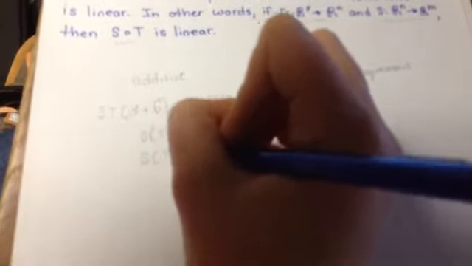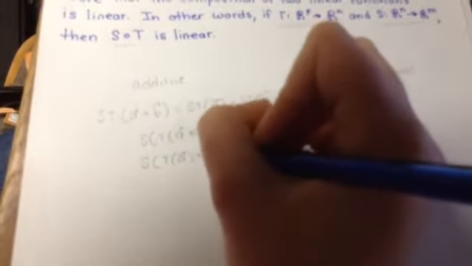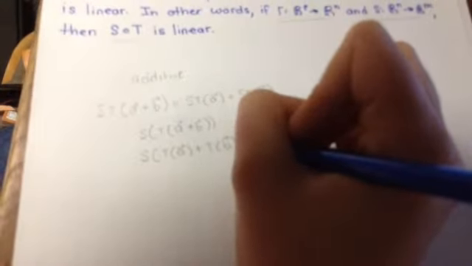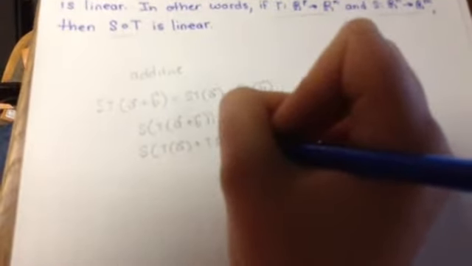So in order to prove this, we'll start off by plugging in a and b, and then we can take this one step further by saying S of T of a plus b is equal to S of T of a added to T of b.